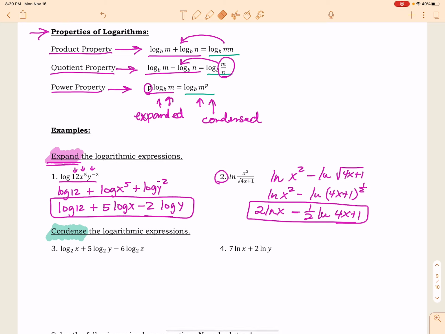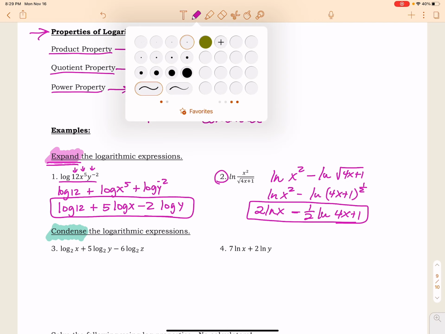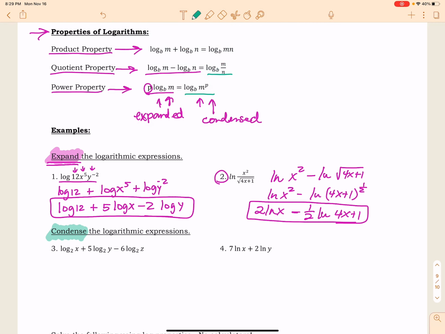Okay, now I'm going to erase what I drew here, and we are going to switch our marker color. So now we're going to look at what condensed would look like. So now we're going from this side over to this side.